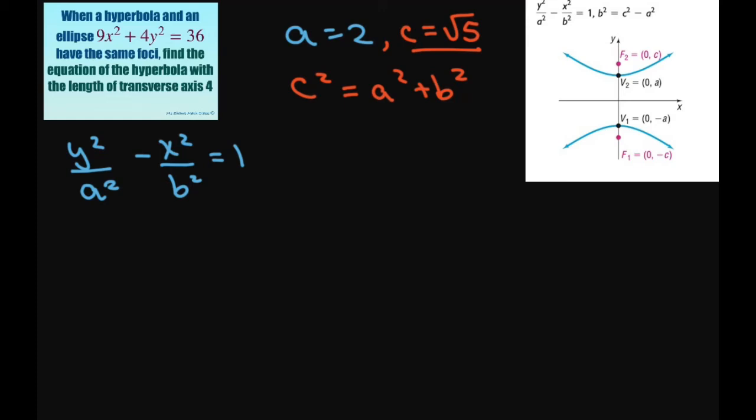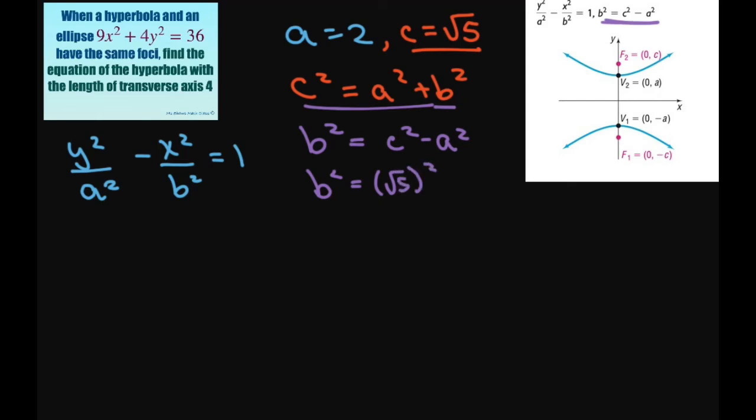So all we have to do now is find b. So b squared is going to equal c squared minus a squared. I just rewrote this, or you can look right here. And so that means we have, let's see, b squared equals square root of 5 squared minus 2 squared. And this is going to equal 1.